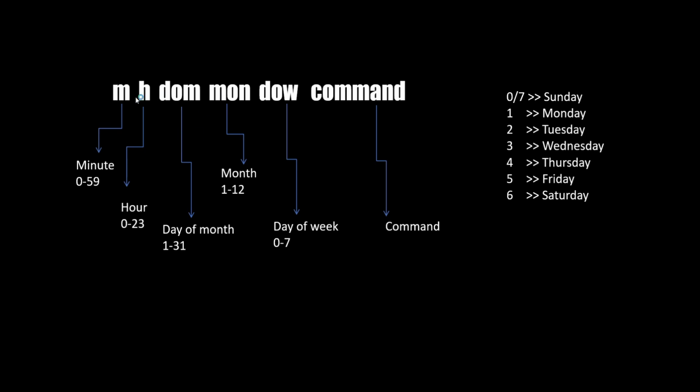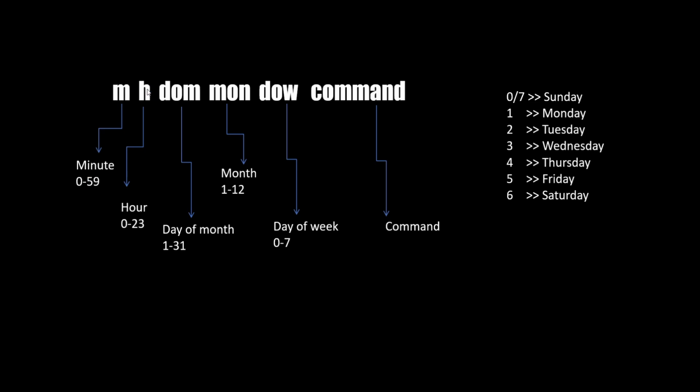These items have their own significance: the first 5 items decide the time at which our particular job, that is the command, has to be run or executed. The very first item talks about the minute, and it takes values from 0 to 59.